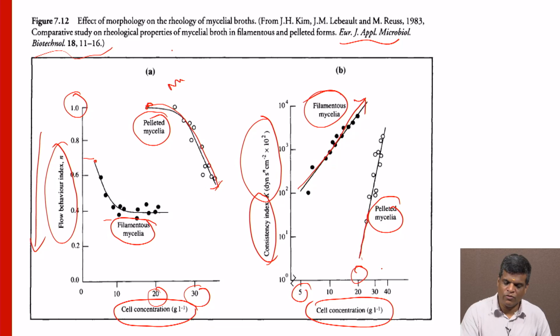That is the difference in how cell concentration varies with the flow behavior index n and the consistency index K in this problem.